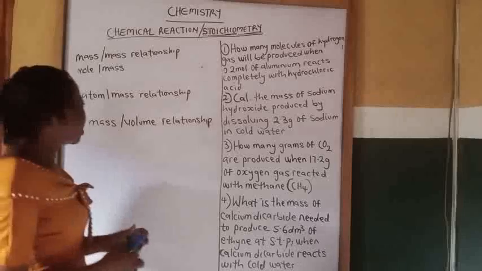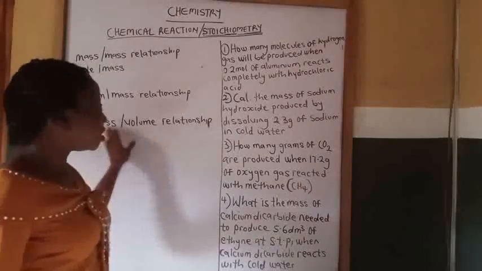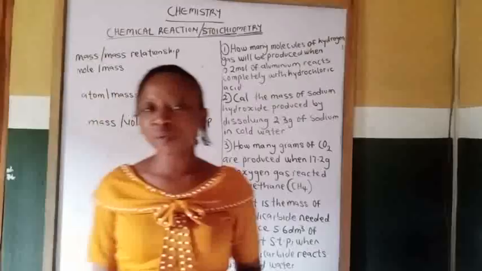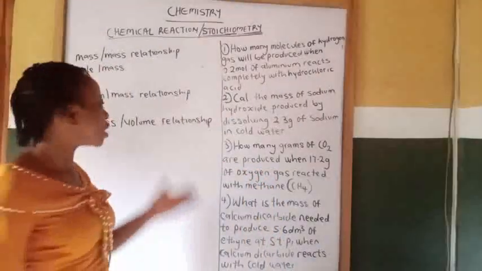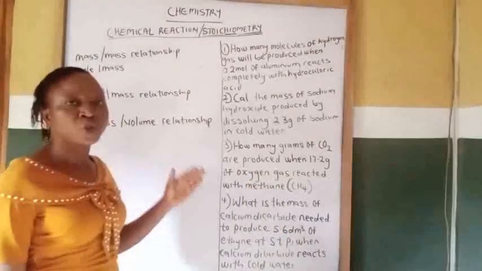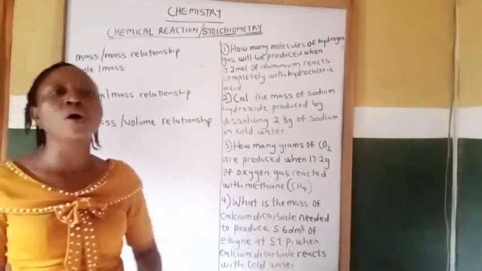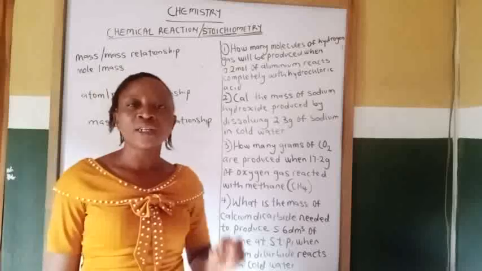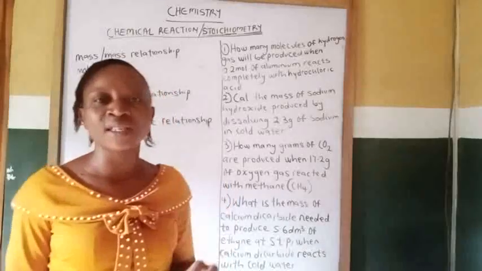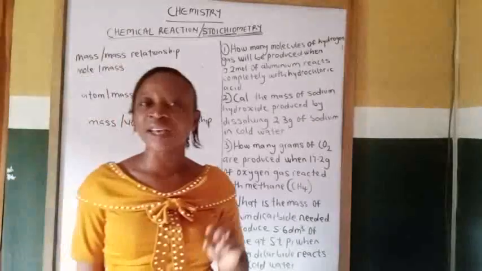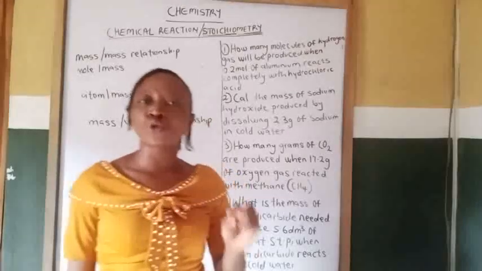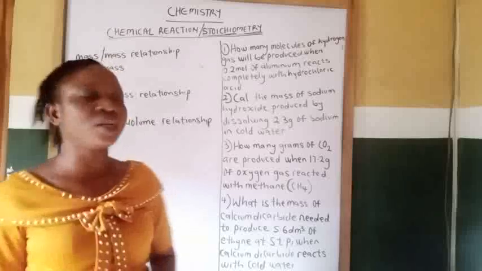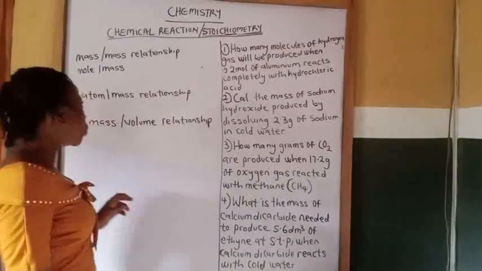That is, when your question is talking about the mass of a substance and the volume of a substance, you use what we call mass volume relationship. Then don't forget that the volume of any given gas at STP is equal to 22.4.